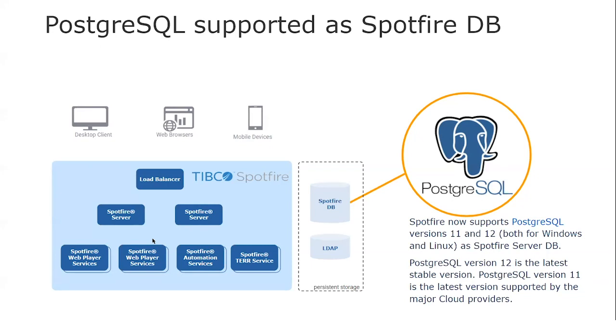cloud providers. As you know, till now, customers have had the possibility of using either Microsoft SQL Server or Oracle DB for the Spotfire database. And these are good products, but for some customers, it was difficult to redistribute their solution using these two databases. Some others see it as a limitation due to different database availability on different cloud service providers.